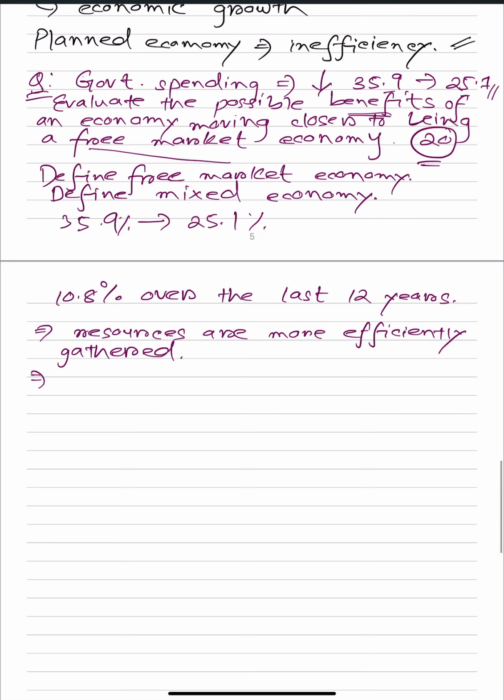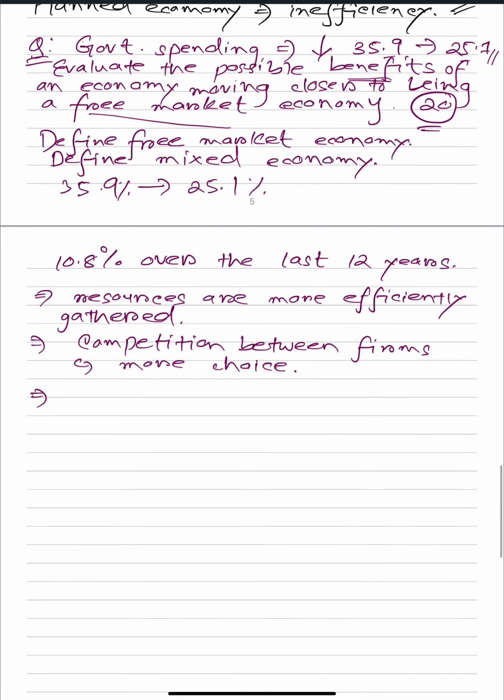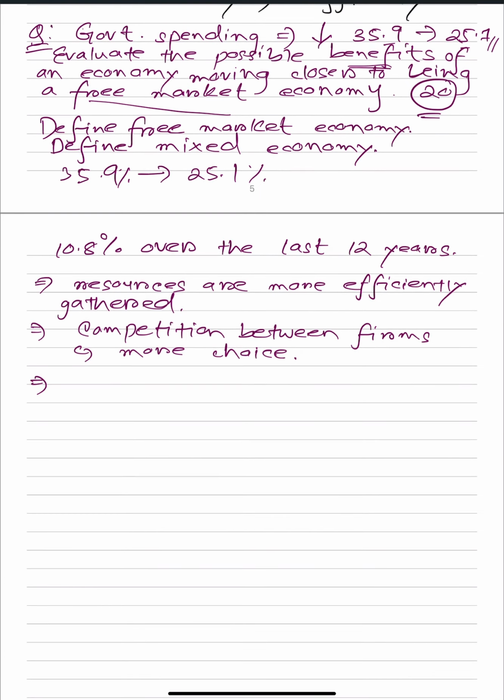And then more free market economy means more competition between firms. More competition between firms mean, as we have already mentioned, more choice for customers. Another point can be, since there is more competition and firms try to be efficient, they will maximize their profits.